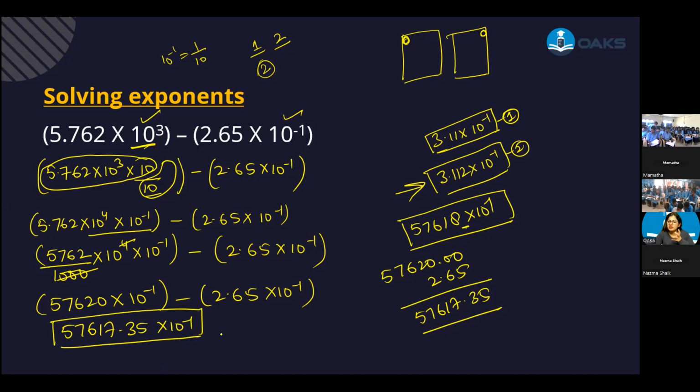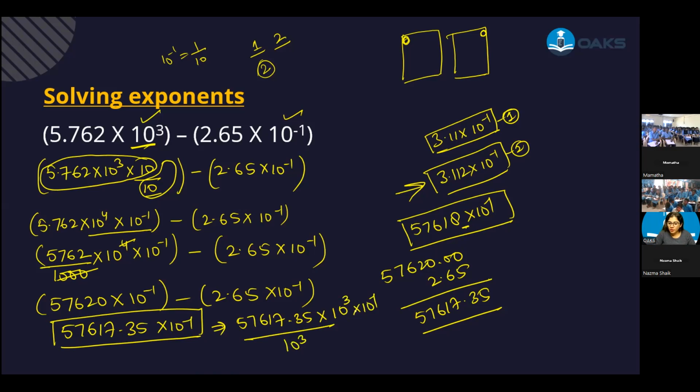But we can also convert this answer into the format of 10 raised to power 3, right? So how can we do that? 57617.35. If I want to write it as 10 raised to power 3, I am multiplying with 10 raised to power 3 and dividing with 10 raised to power 3.